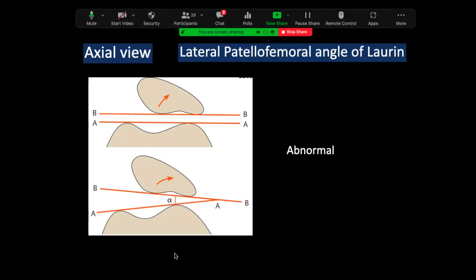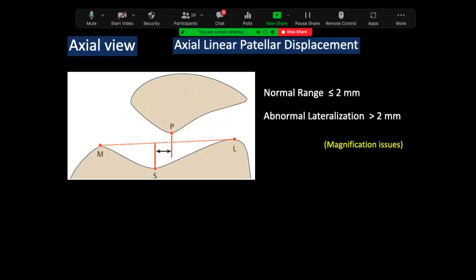it is abnormal. Another is axial linear patellar displacement. This is not so accurately calculated because of the magnification issue. How to calculate this: the lowest point of the trochlea, that is the trough of the trochlea, and this is the median ridge.